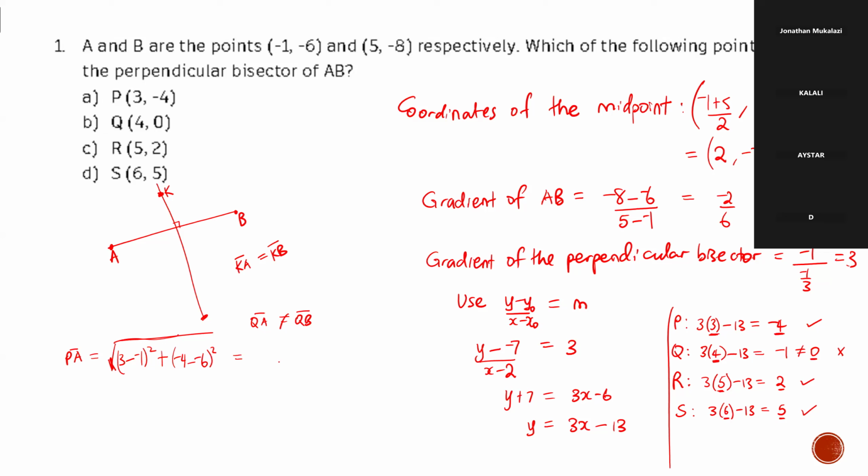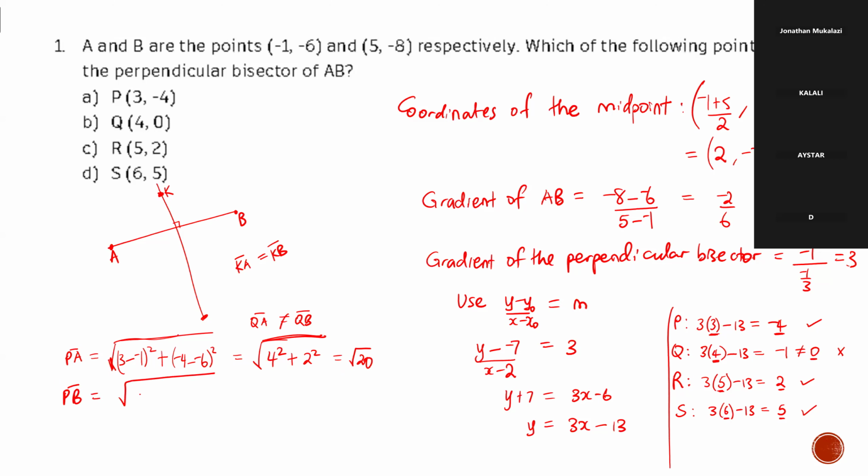So that's going to be square root of 4 squared plus 2 squared, which is square root of 20. Of course, you could write this as 2 root 5. That's okay. And now we check for PB.